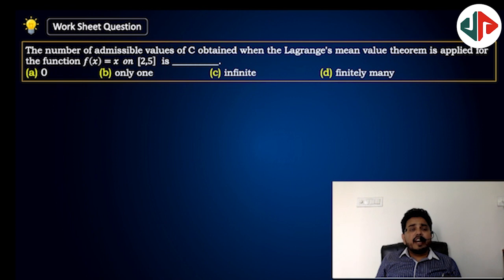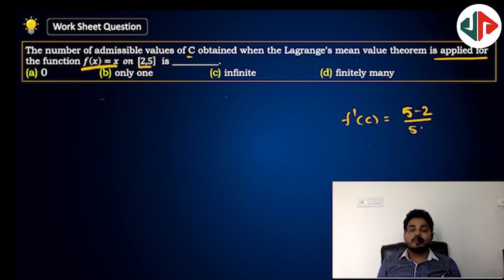The number of admissible values of c obtained when Lagrange's mean value theorem is applied for f of x in the interval 2 to 5. So f dash of c is equal to (5 minus 2) by (5 minus 2), which is equal to 1.